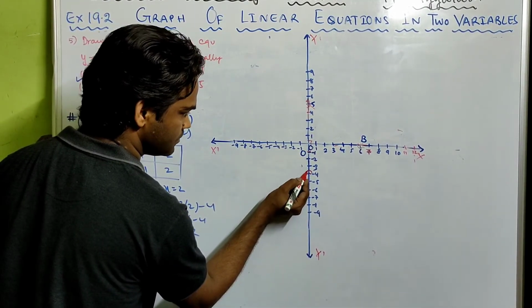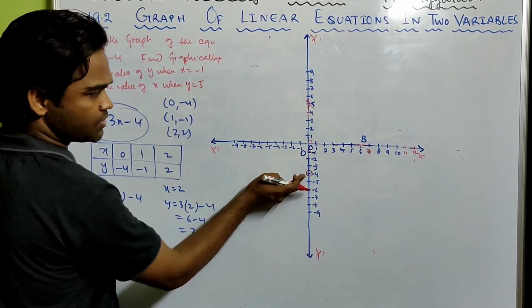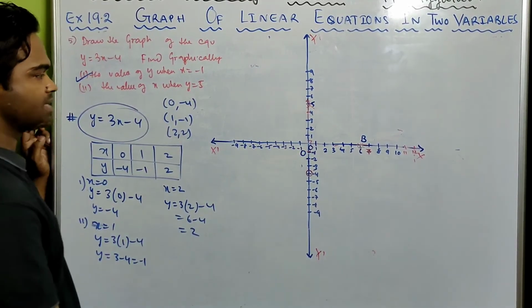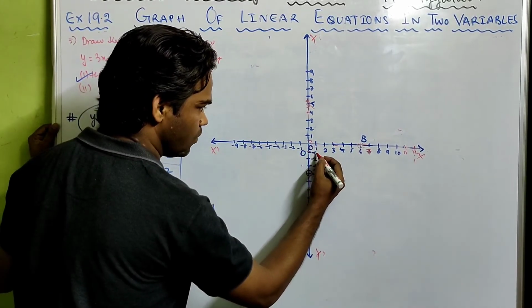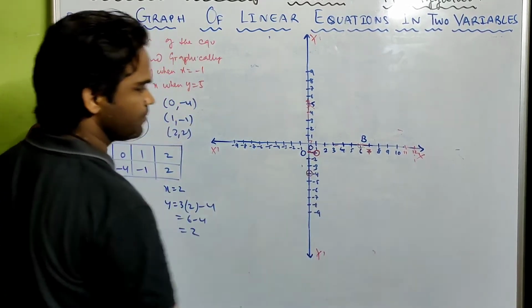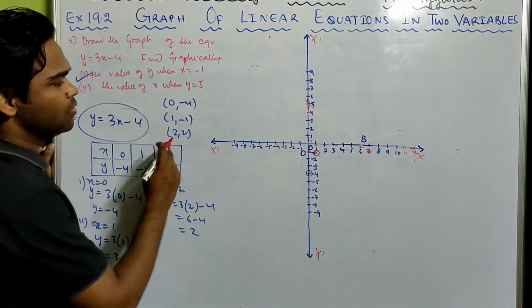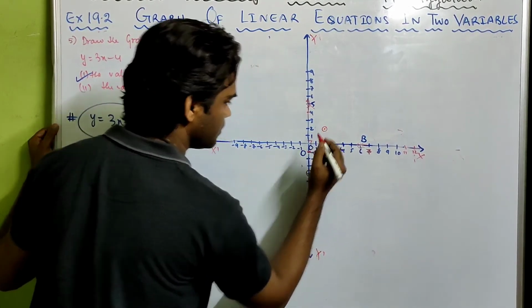Over here, isn't it? Y is minus 4 over here and x is 0 on y-axis. 1 comma minus 1. X is 1, y is minus 1. Over here, isn't this was minus 1? Done. 2 comma 2.